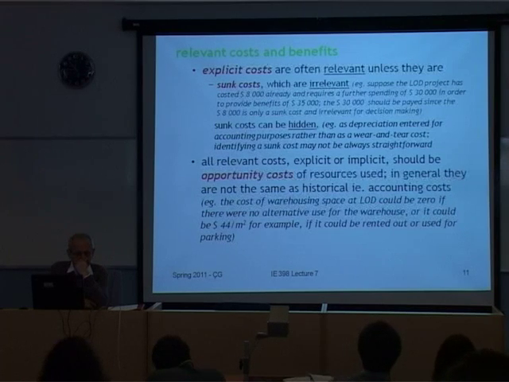We said also yesterday that some of these sunk costs are not easily identifiable and can be hidden. For example, depreciation entered for accounting purposes is this sort of irrelevant cost.